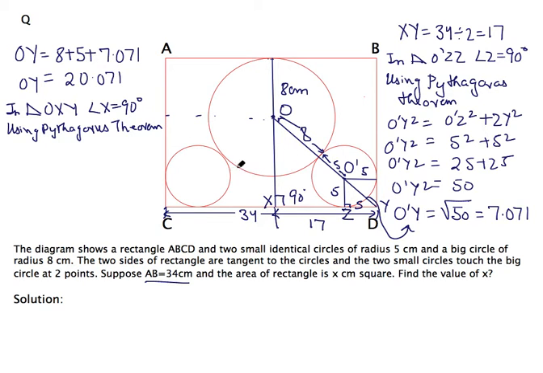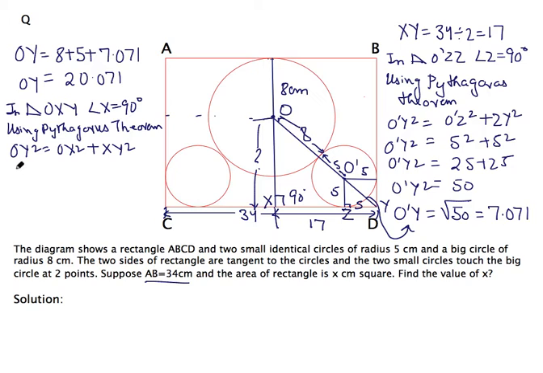We can say that OY square is equal to OX square plus XY square, and we need to find OX. This height we need to find, we are interested in finding this height here.